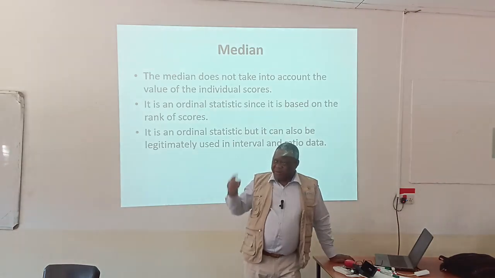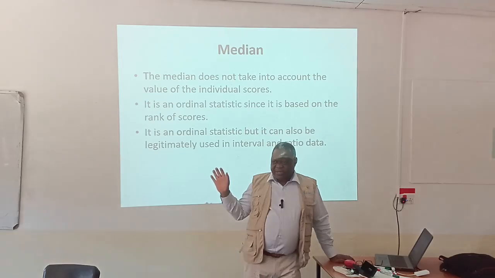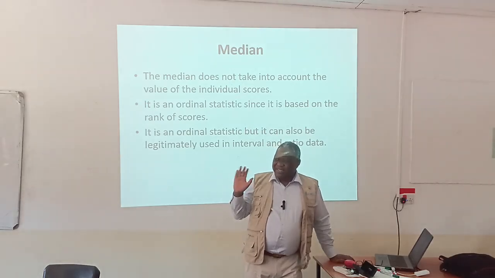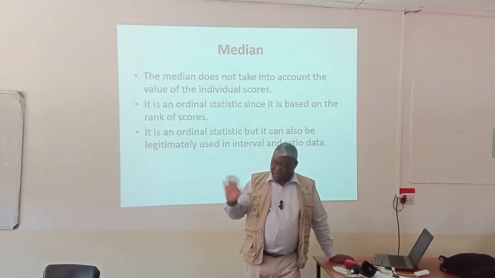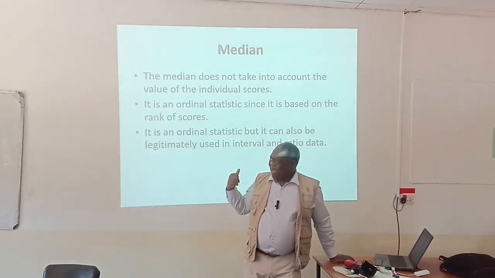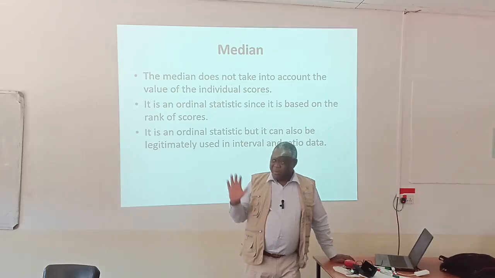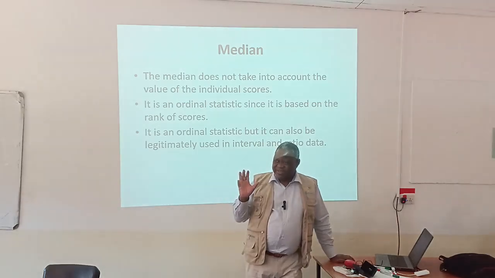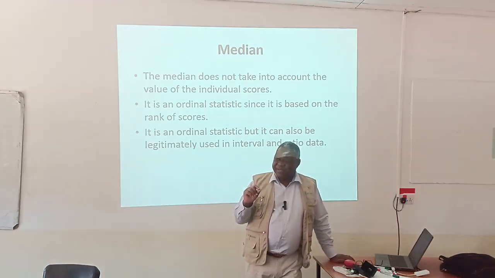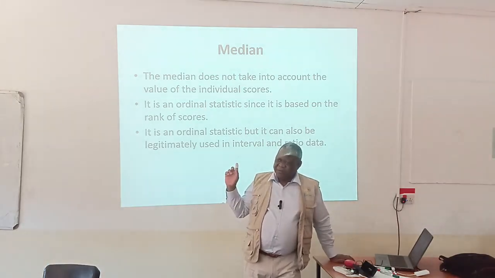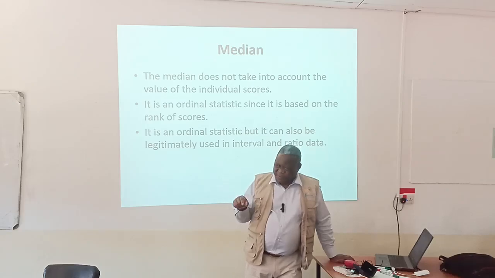If you have the other two types of data, you can use the median in those data, but on the ordinal data, it's only the median you can use. I hope I'm making myself clear. So the type of data you collect influences the type of averages you can use.